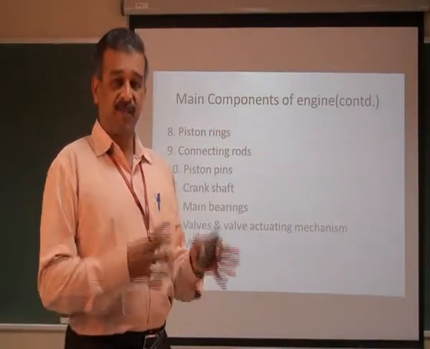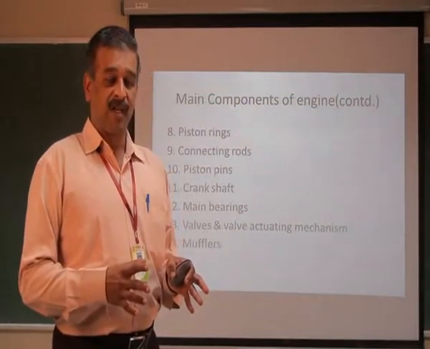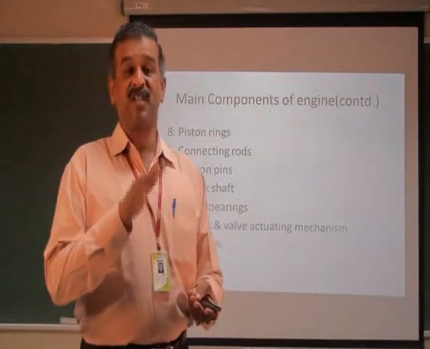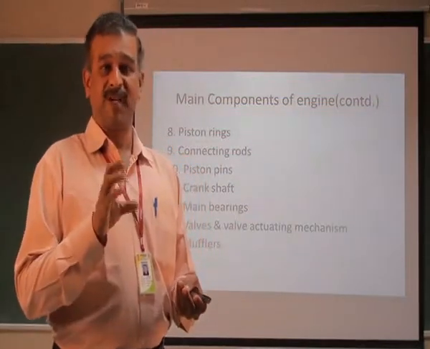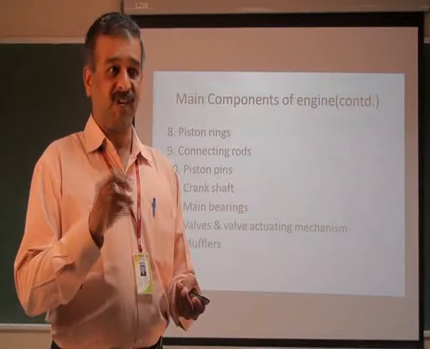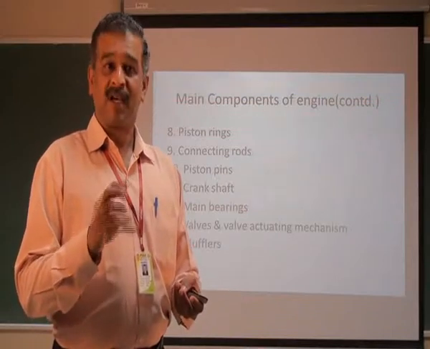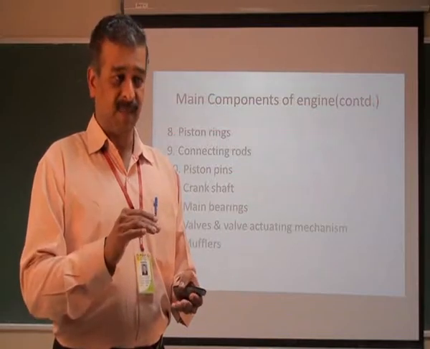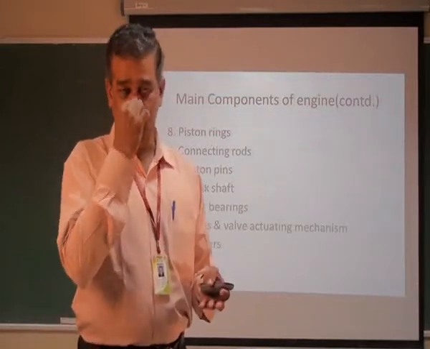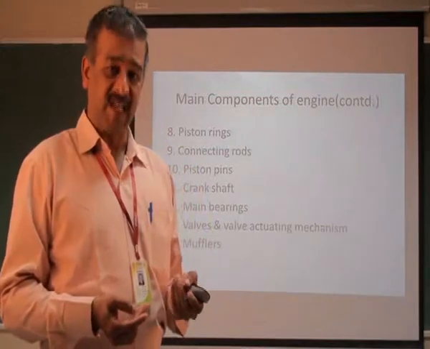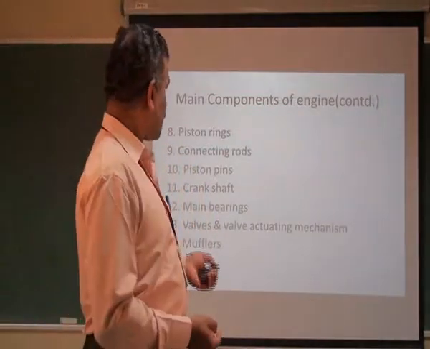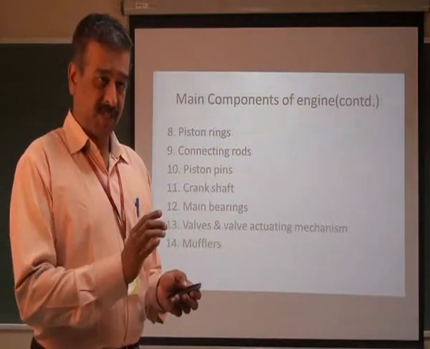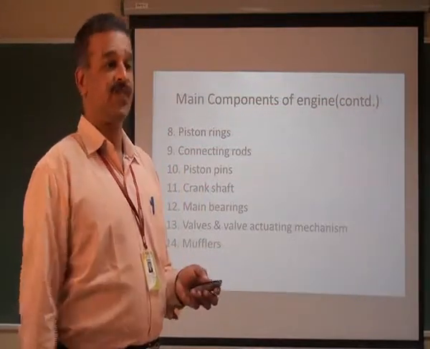The main function of the muffler is to make the engine silent, to reduce the noise produced by the combustion of the fuel, because every time it bursts, cracking takes place. That should be suppressed. For that we have a system called the muffler. The other name for that is silencer. So these are all the main components of the engine. Let us see them one by one, with some pictures and also how they function.